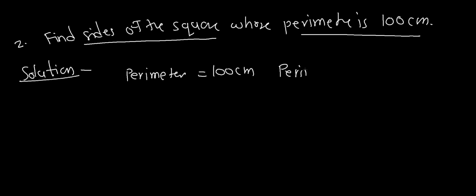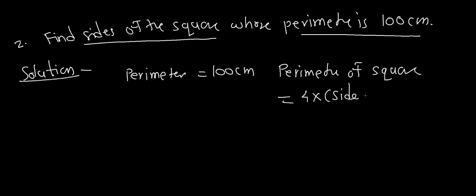Perimeter of square equals four into the side of a square, a single side of a square.